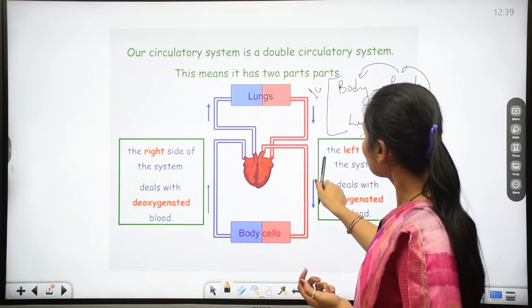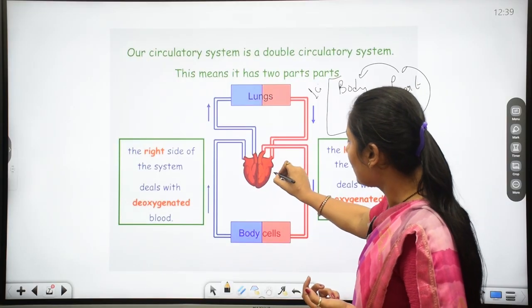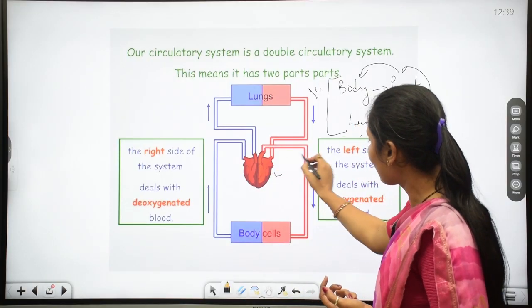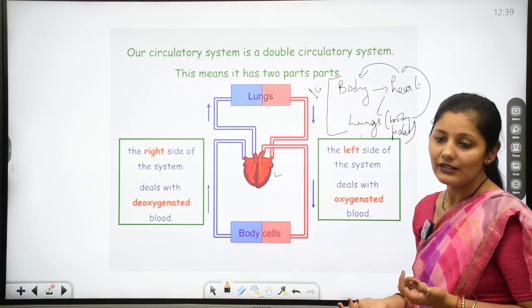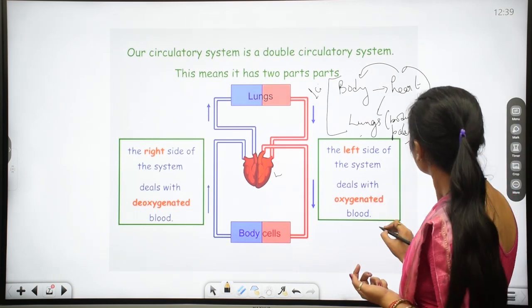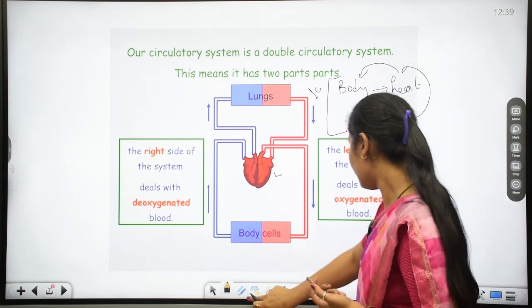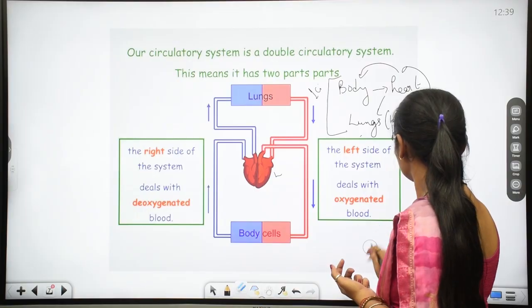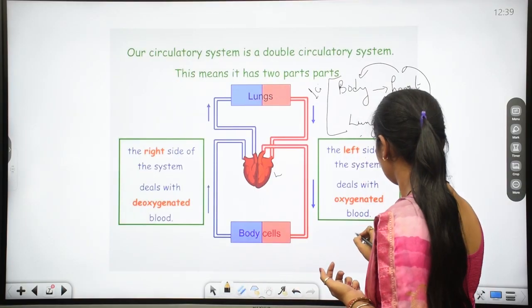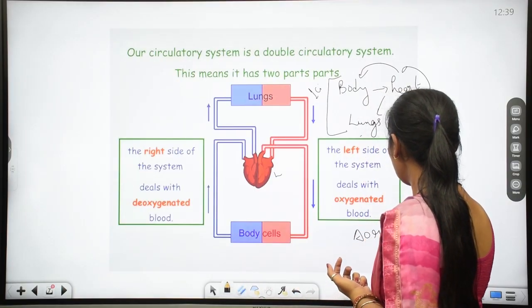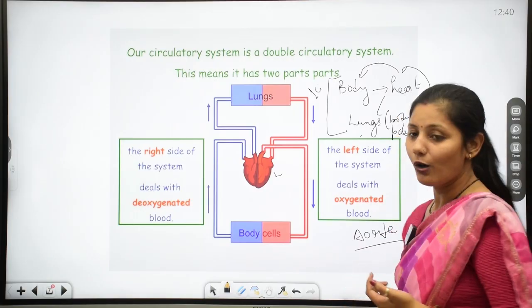Now it is coming inside the heart, the left side, and then it will transfer to the body cells with the help of the aorta. I have told you the aorta is the biggest artery. We will discuss the blood vessels also.